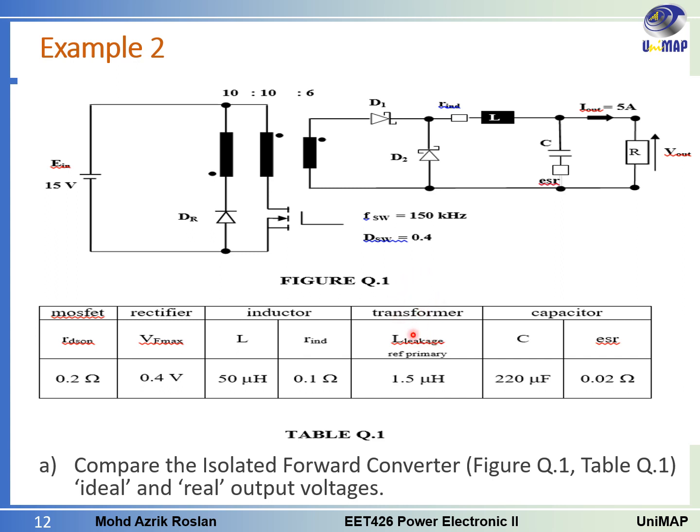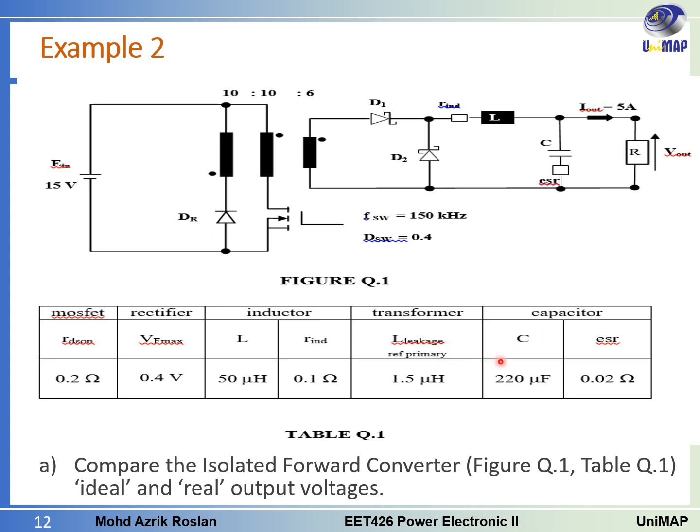inductor referred to primary. This is important. If it mentions referred to secondary, this is the normal one that we have, but now it's referred to primary. So you need to find the L leakage referred to the secondary. This referred to primary is set at 1.5 microhenry.